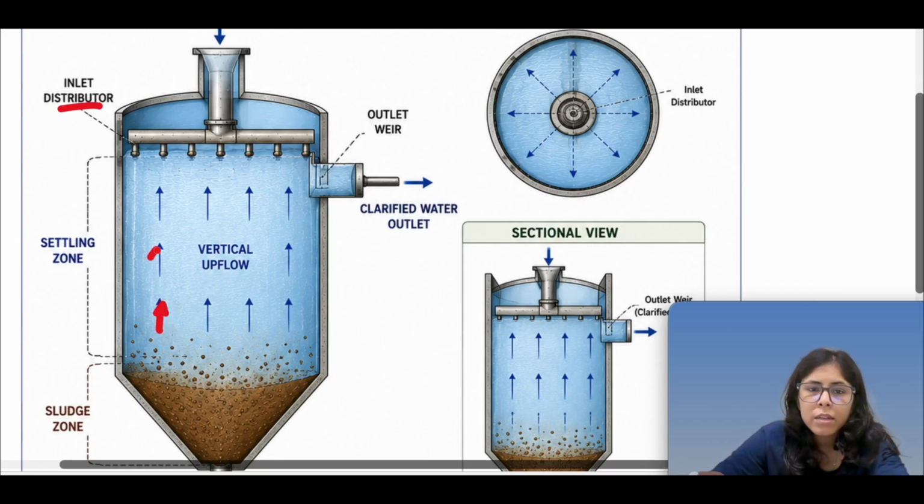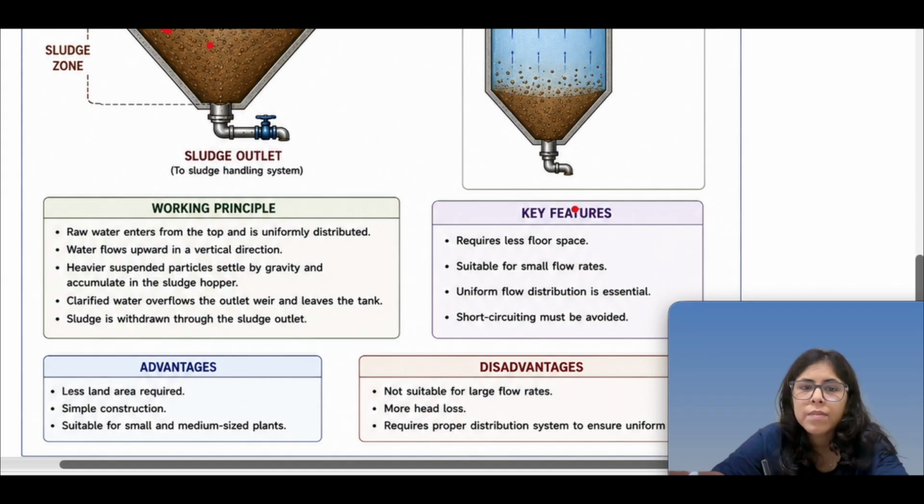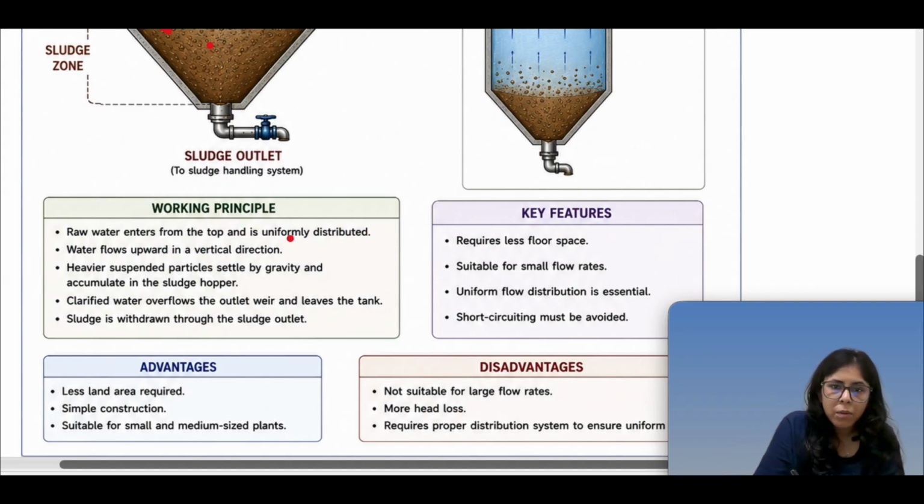While it is flowing upward, the particles settle under the effect of gravity. Once the water goes upward, at the outlet it will be taken out. So raw water enters from the top and is uniformly distributed, and then flows upward in vertical direction. Heavier suspended particles settle by gravity, and clarified water overflows the outlet weir and leaves the tank. Sludge is withdrawn through the sludge outlet at the bottom.